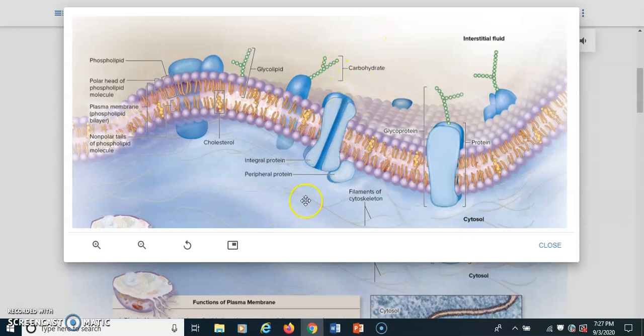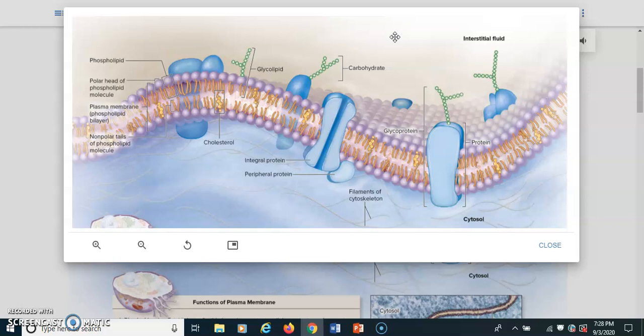And it would continue to move into the cell until the concentration outside equaled the concentration inside, if it was allowed to do that. But whether it gets allowed to do that is based on the proteins embedded in the plasma cell membrane and the chemical properties of whatever, in this case sodium. So that will all vary.